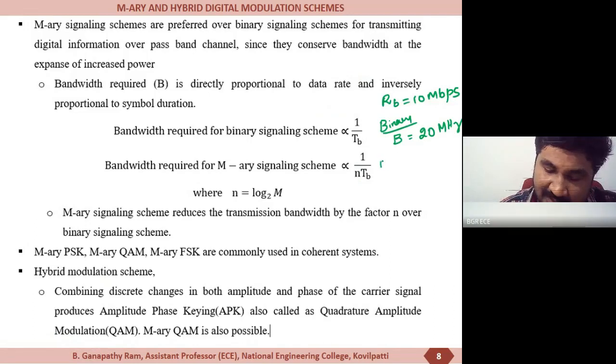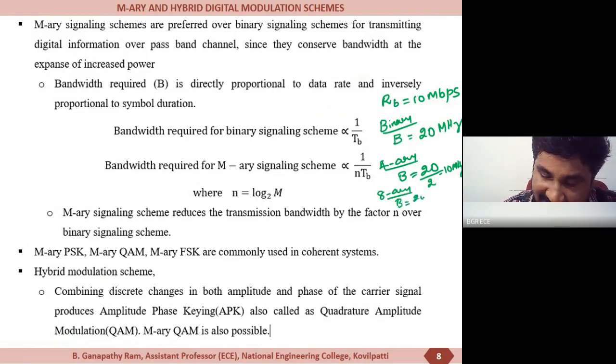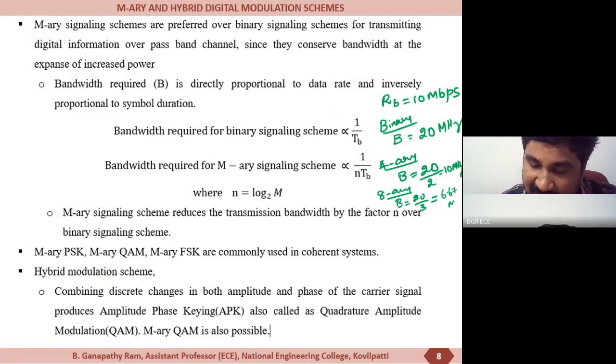Whereas if I go for the 4-array scheme, the bandwidth requirement will become 20 divided by 2, that is 10 megahertz is enough to transmit the same 10 megabits per second of information. And in the 8-array scheme, it is divided by 3, so I need only 6.67 megahertz of bandwidth to transmit the same amount of information.